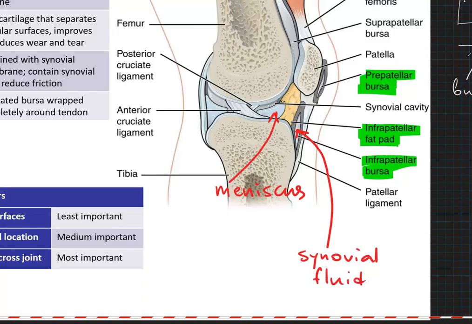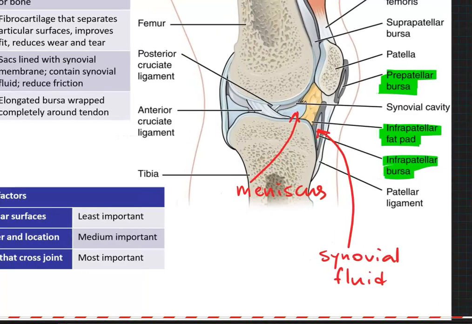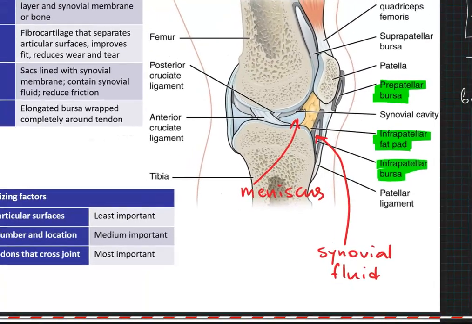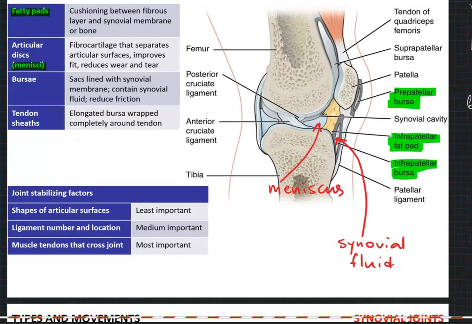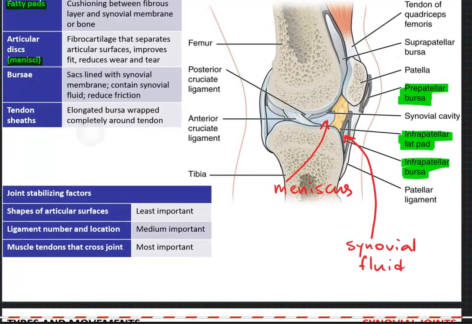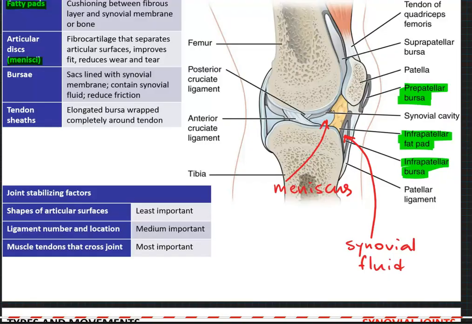So bursae prevent the friction between, let's say, the skin and the bone, as in the case of your knee joint, or between two bones. Or, in some cases, imagine you have a tendon that can kind of rub against the bone. To protect this tendon, it is wrapped into a tendon sheath. Okay?